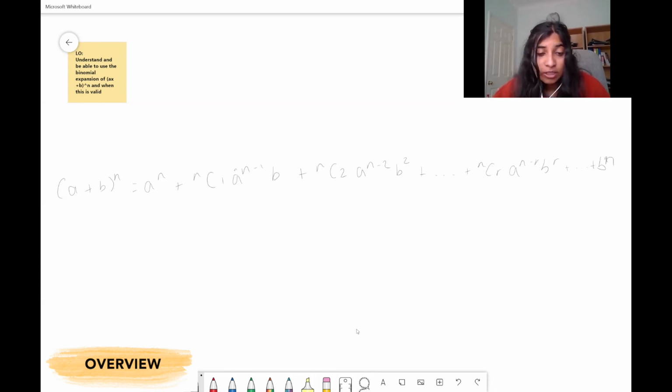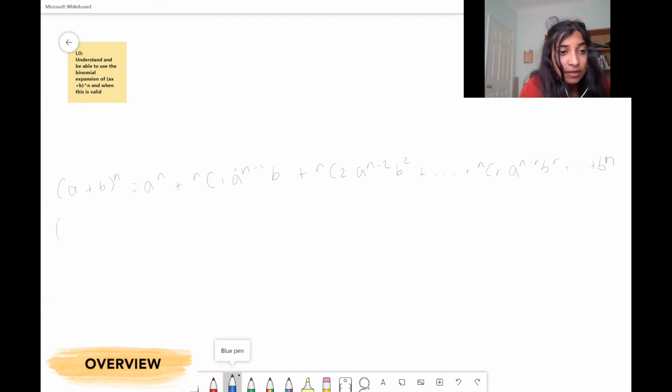So for example, if we do a small one, let's say we wanted to find the expansion of (1 plus x) to the power of 3. Our a would be 1, our b would be x, and our n is 3. So we plug that all in.